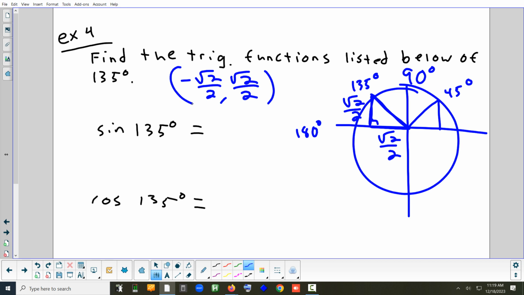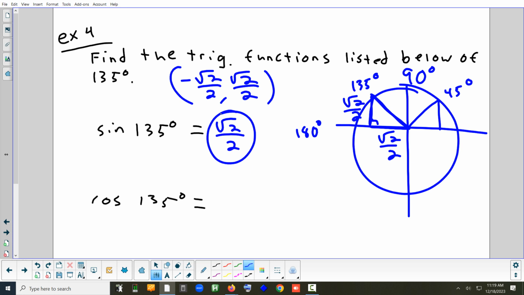Where did you get the square root of 2 over 2 from? The Pythagorean theorem. Oh, okay. Yep. Comes from the Pythagorean theorem. All right. So what's my sine of 135? Yeah. Square root of 2 over 2. Yep. This time, if you mix up the x and the y, you will get it wrong because they are not the same. How about the cosine?